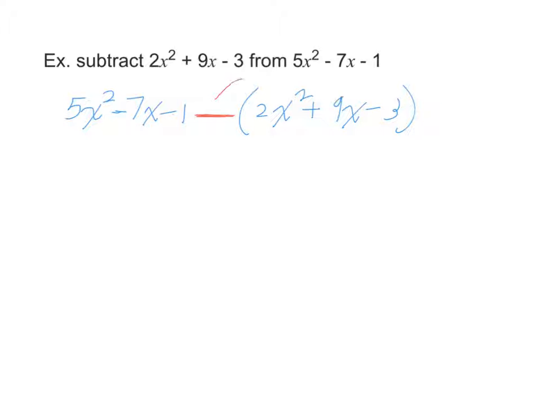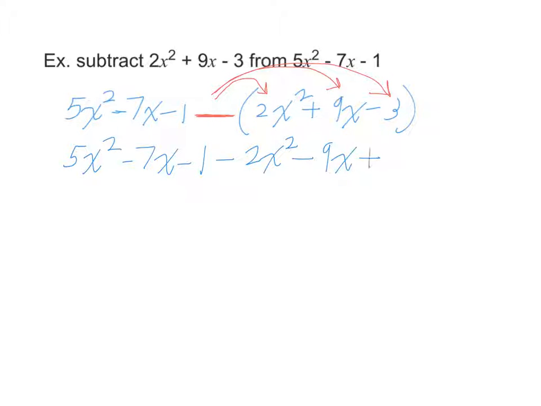For subtraction, I suggest rewriting the problem over again. This time with the subtraction symbol distributed to all three of these parts. I'll have a negative 2x squared, a negative 9x, and a positive 3.